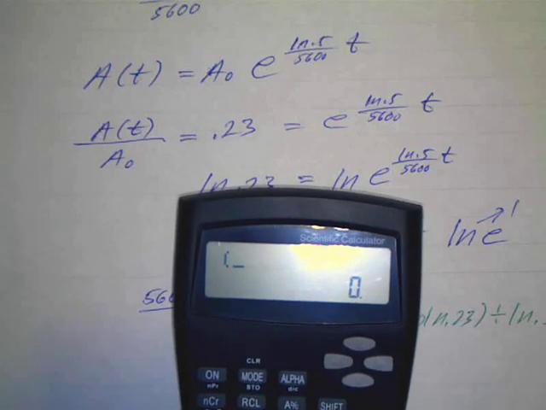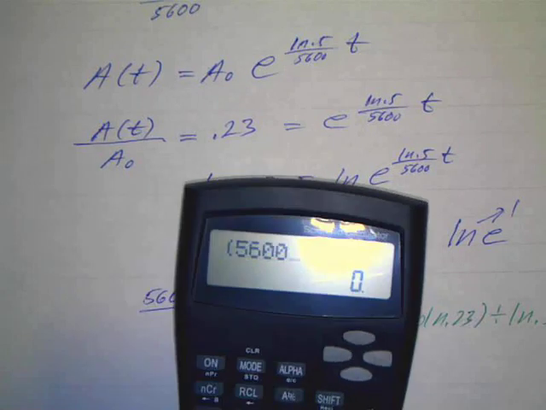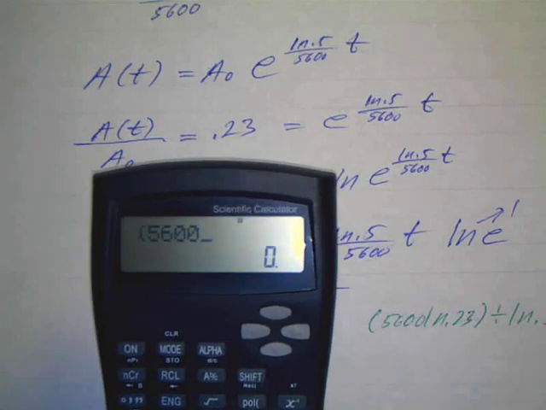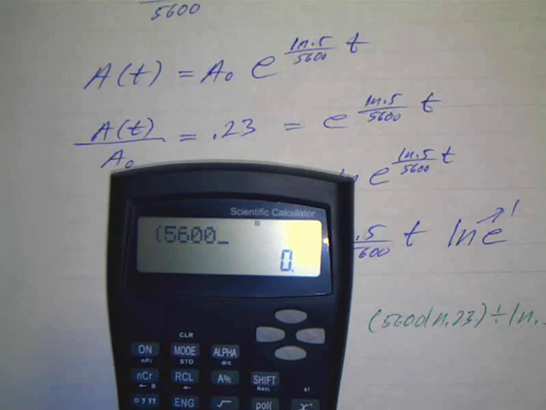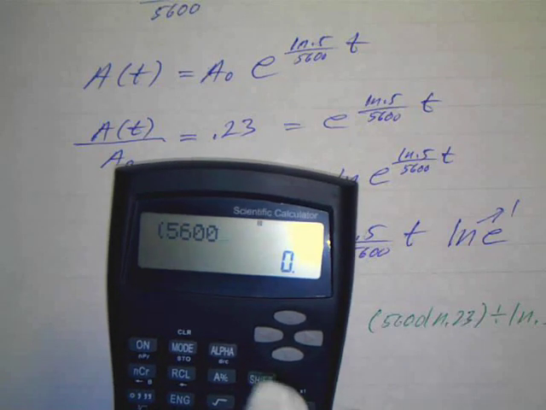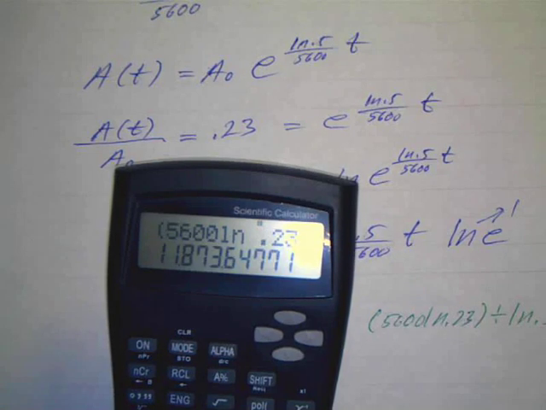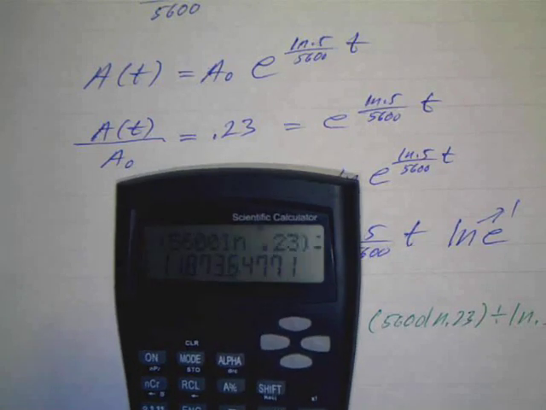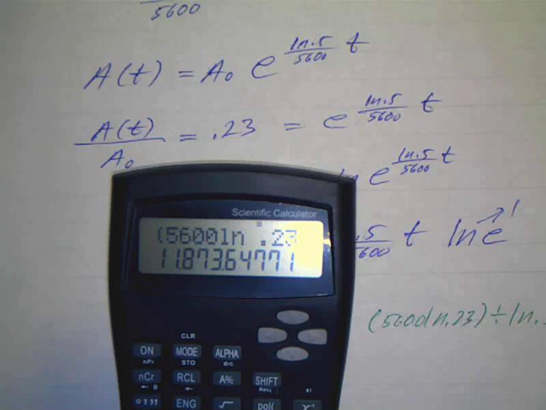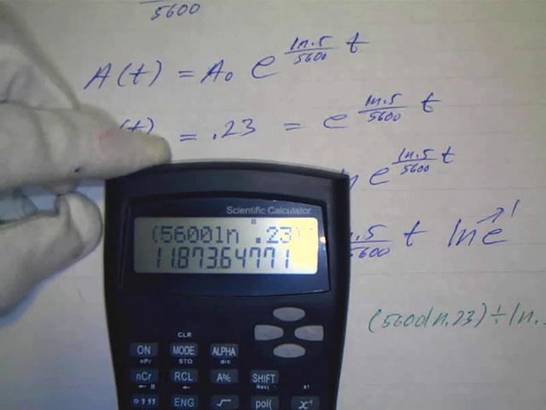So the top has 5600 natural log of 0.23, divided by natural log of 0.5, and we get 11,873.65 years.